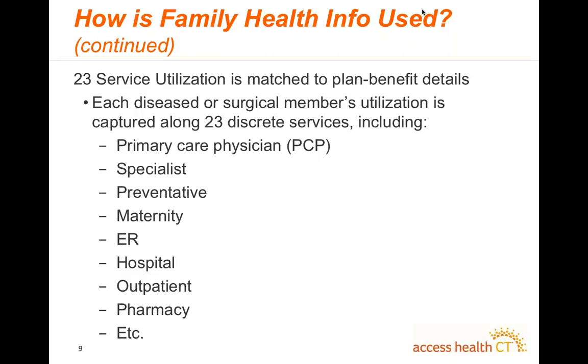For each plan, we have been able to identify 23 unique services. And this 23 unique services means a primary care physician visit is a service, a specialist visit is second service, a preventative care visit is a third service, a maternity care is a fourth service. And we have hospital, outpatient, pharmacy, ER, these are all unique services.